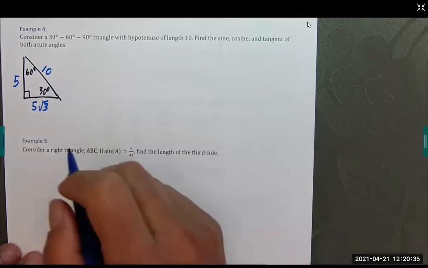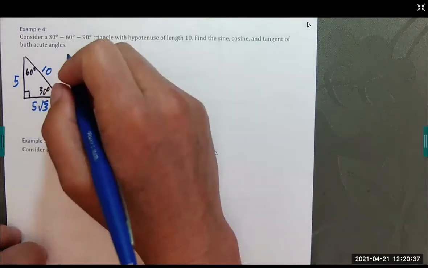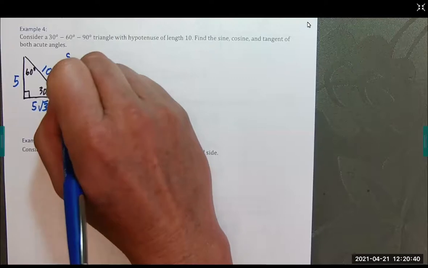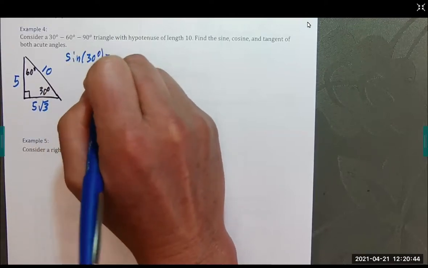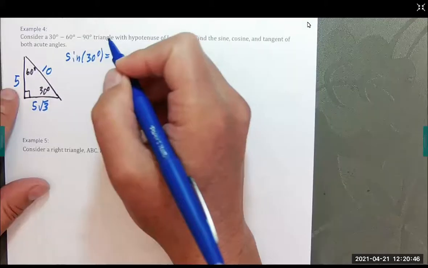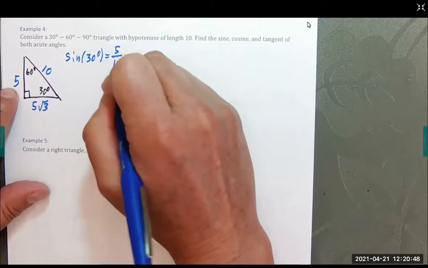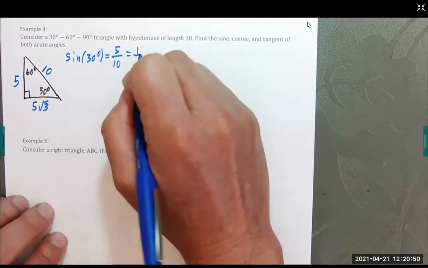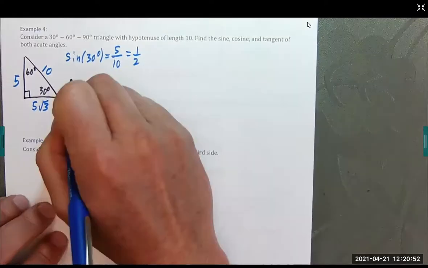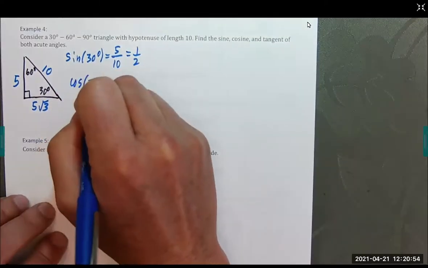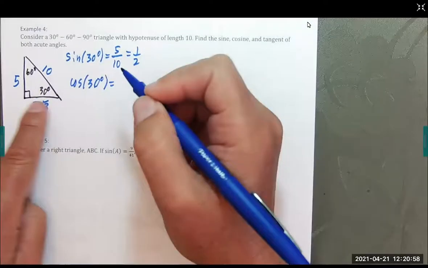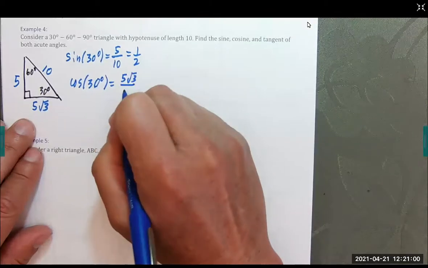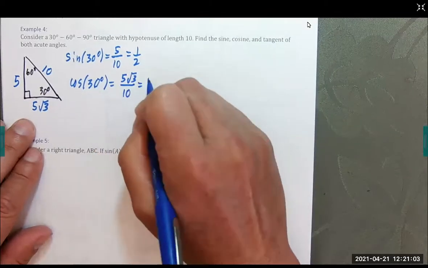All right, so let's say, what is the sine of 30 degrees? That's the opposite over the hypotenuse, which in this case is 10, or 1/2. The cosine of 30 degrees, here's 30 degrees, is the adjacent, 5 root 3 over 10, which is root 3 over 2.